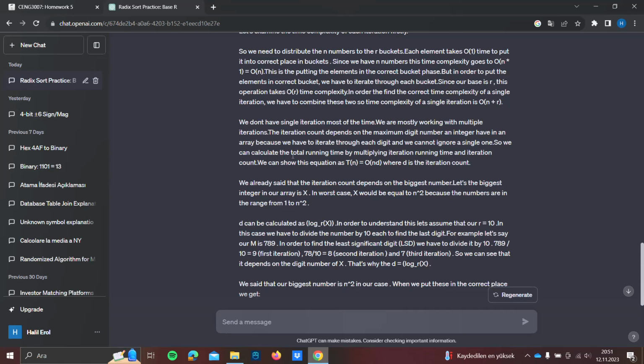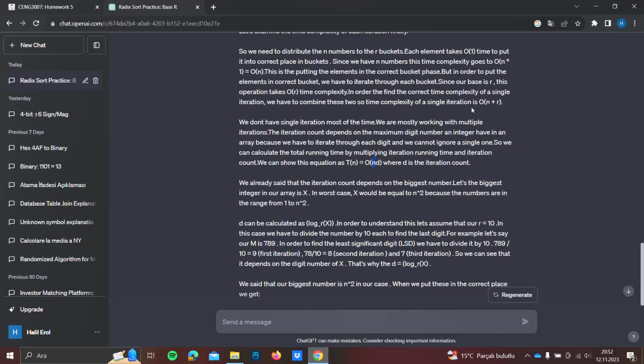So we can calculate the total running time by multiplying the iteration running time, which we found as O(n plus r), which is the single iteration complexity, and the iteration count. We can show this equation as T(n) equals O(n) times d.